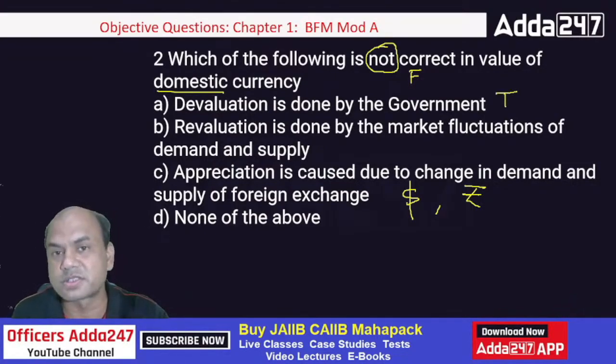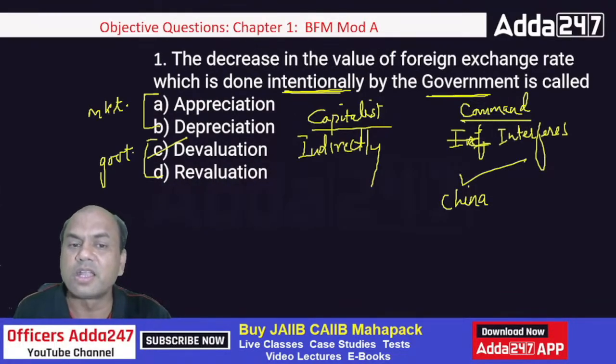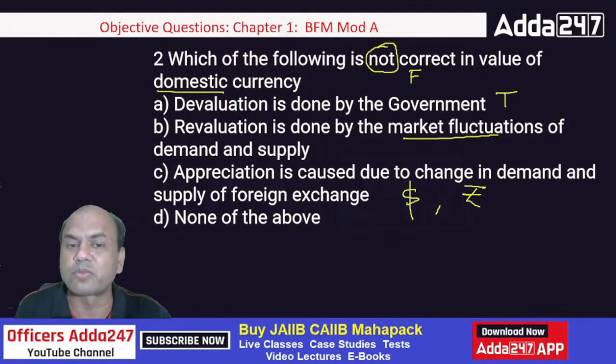I want false. Revaluation is done by the market fluctuations of demand and supply. Revaluation is done by market forces. What did I say in the first question? Devaluation and revaluation are done by the government. So do market forces and revaluation match with each other?